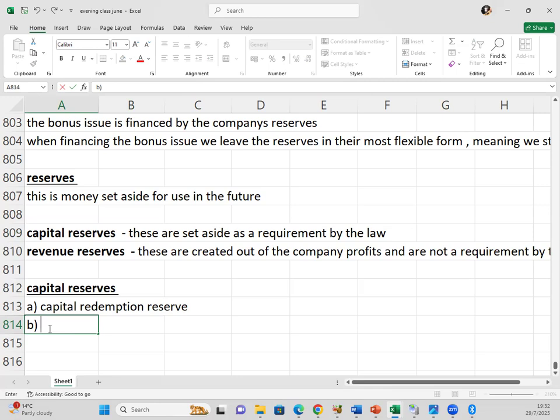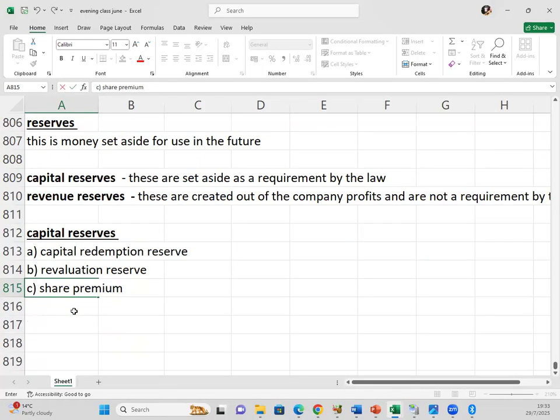We have also a revaluation reserve. We also have share premium. These are capital reserves.